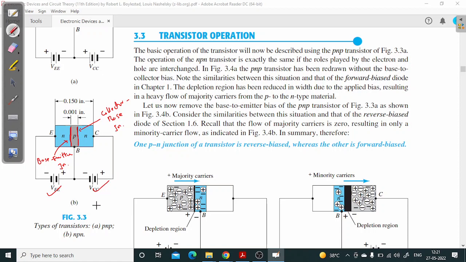Okay. So we have several choices. What type of biasing is suitable for what kind of operation will become clear. That is also to be taken care of, to use this BJT as a proper device in constructing circuits.